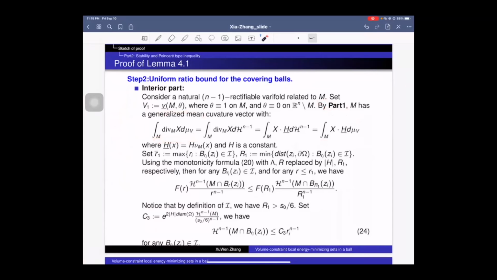And here, H is a constant, so it is apparently bounded, and we can use the monotonicity formula to find that for any interior covering ball, this formula holds. The Hausdorff measure H^{n-1} of this set is bounded by C3 times the radius to the n-1.